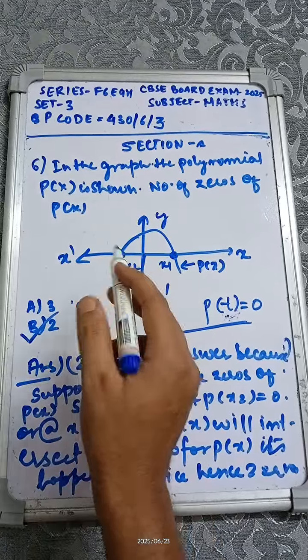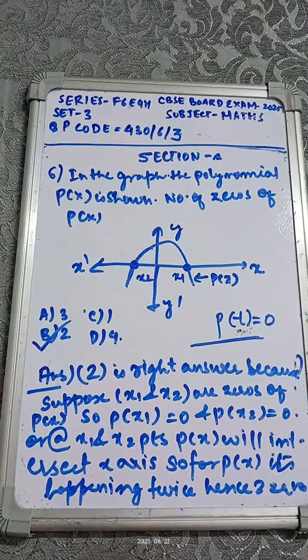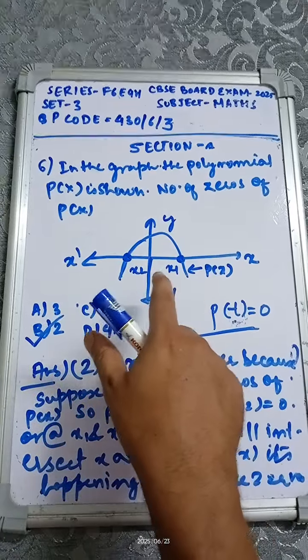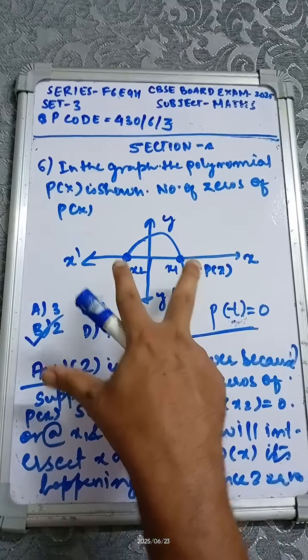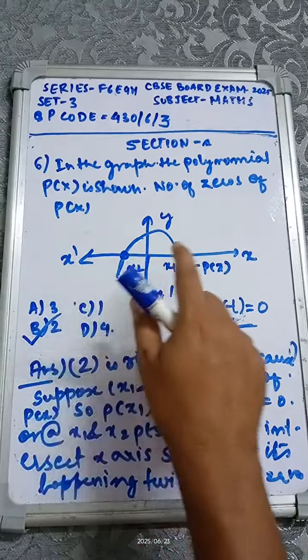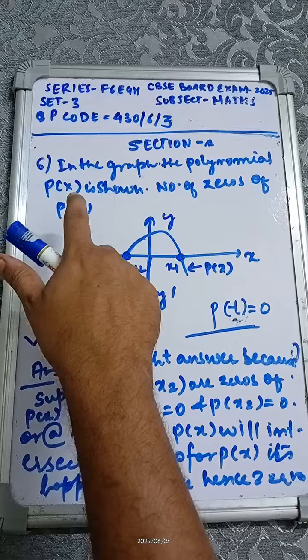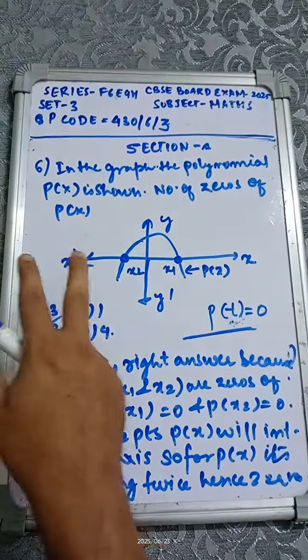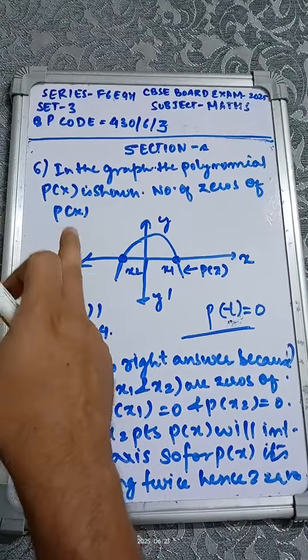Suppose that x1 and x2 are the two zeros of the polynomial. As P(x) is there, x1 and x2 are the only points chosen from the x-axis. So definitely different points of x will be tested in this polynomial just to check at which points of the x-axis this is exactly equal to 0.